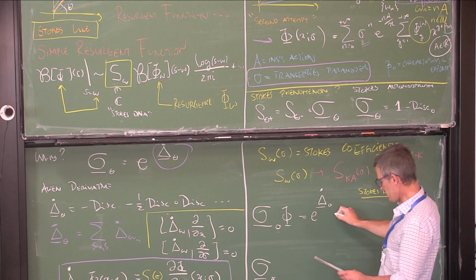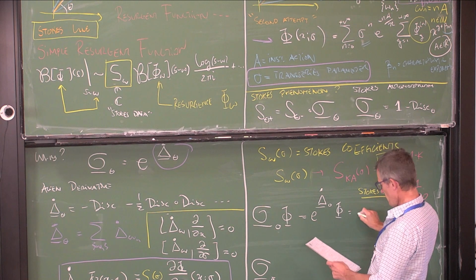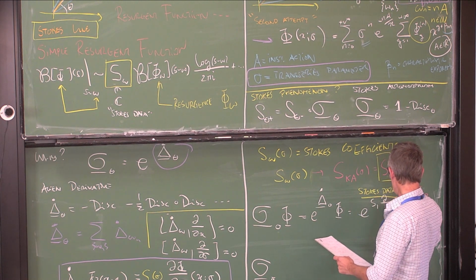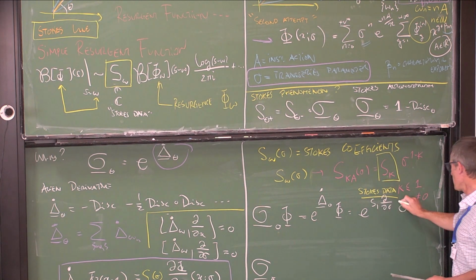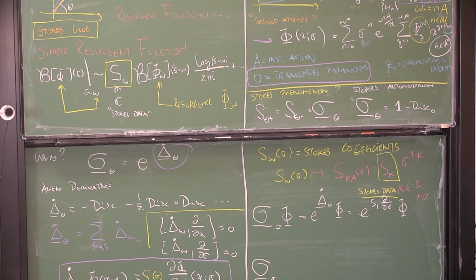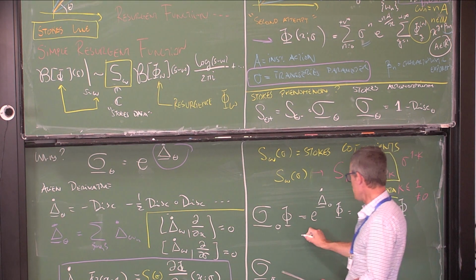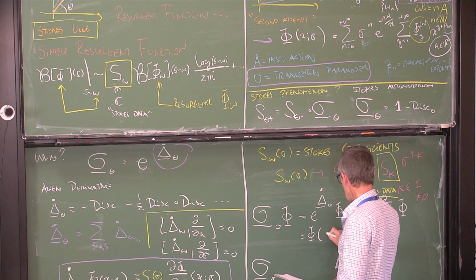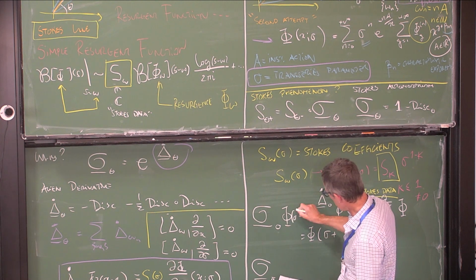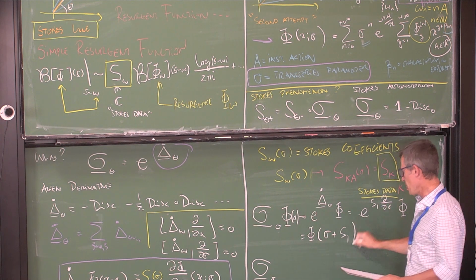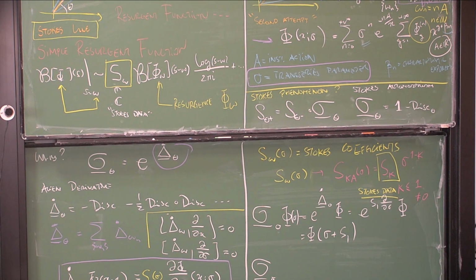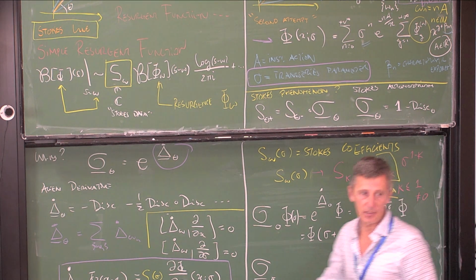So I can write this acting on phi as the exponential of S1 d/dsigma of phi. So you see what I got: if I start with phi at sigma, I end up with phi at sigma plus S1. So in fact, I got the standard jump of Stokes phenomenon.